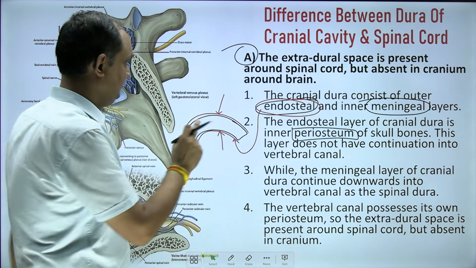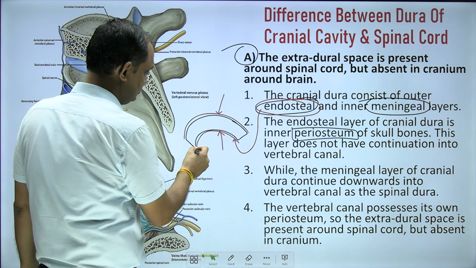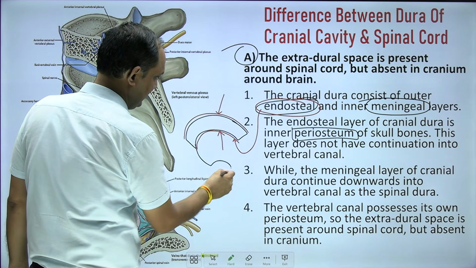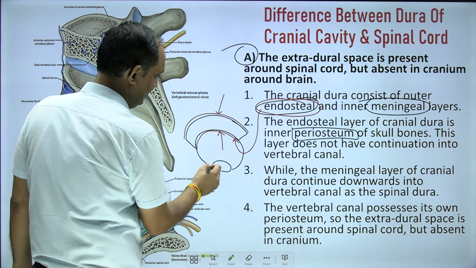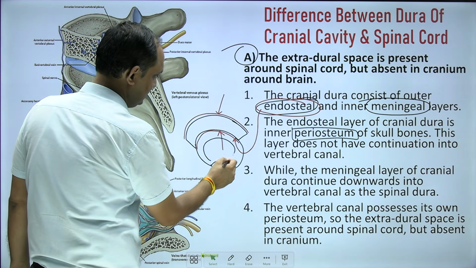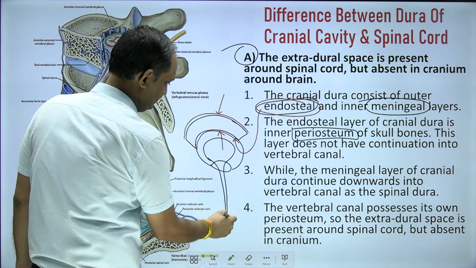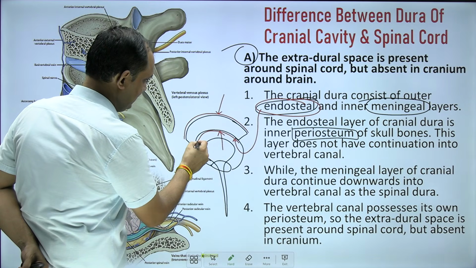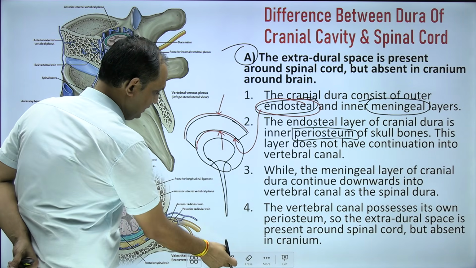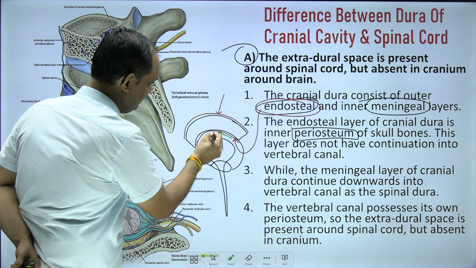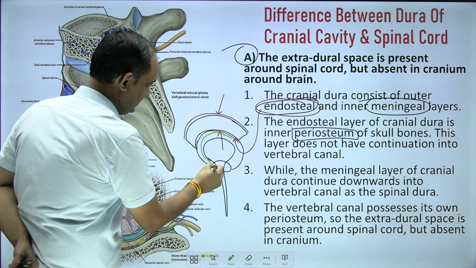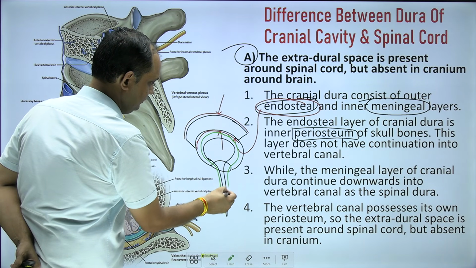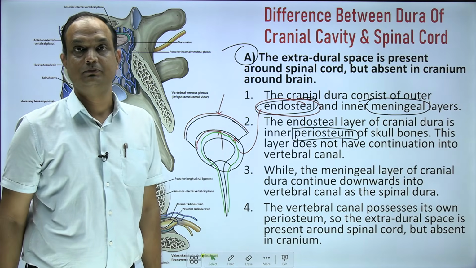Now what is the other meaning of this line? Suppose this is the foramen magnum. Here is the brain, and this brain continues as the spinal cord. What you will find is that this meningeal layer of the dura continues around the spinal cord and forms the dura mater of the spinal cord.